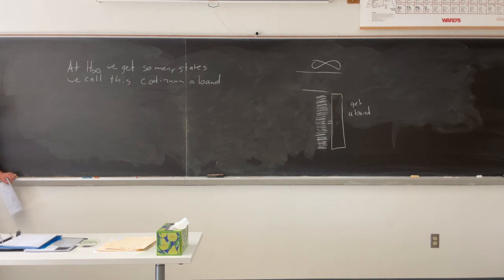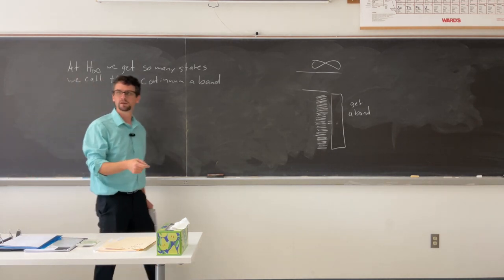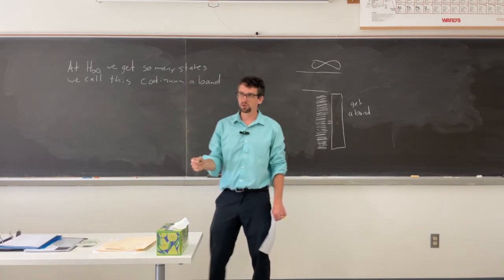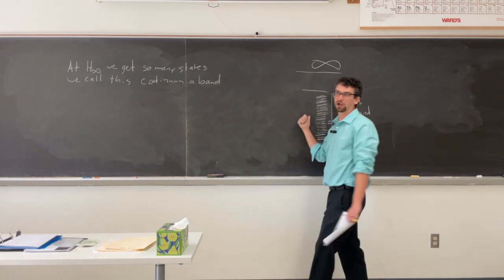We've dealt with infinitely large periodic systems. What's the benefit of having a periodic system? Unit cells. We have translational symmetry. Let's utilize that translational symmetry to talk about the infinite.